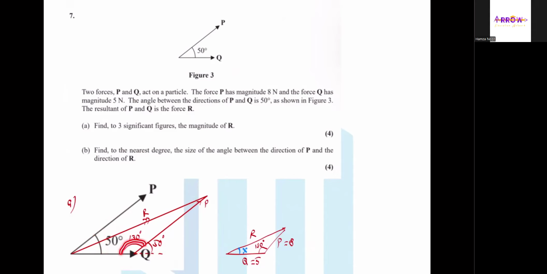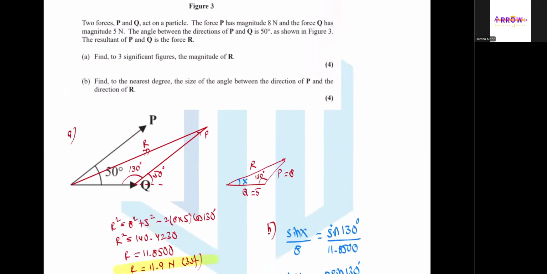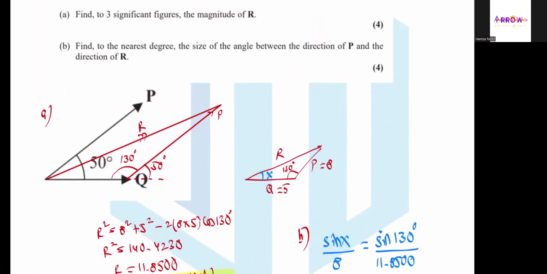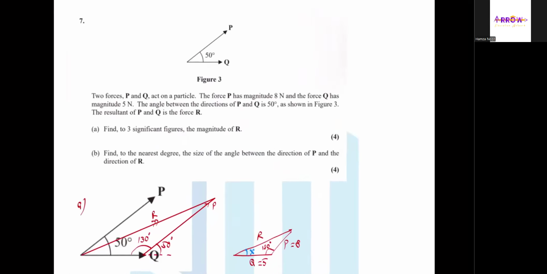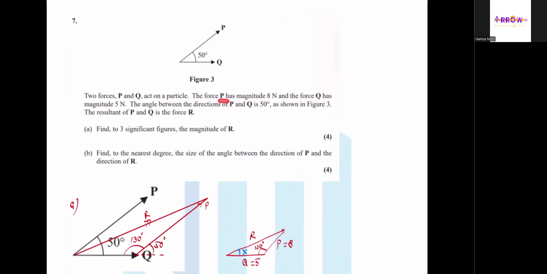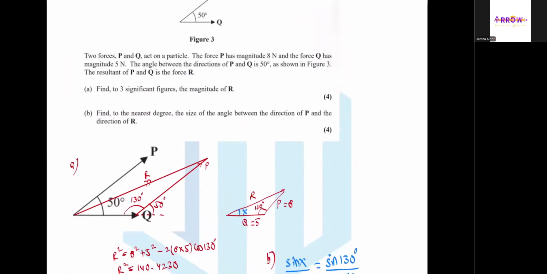Inside the triangle, this angle would be an obtuse angle, which is 130 degrees. So here we have a closed triangle, in which the third side is the R force, the resultant. P has a magnitude of 8 Newton and Q has a magnitude of 5 Newton.